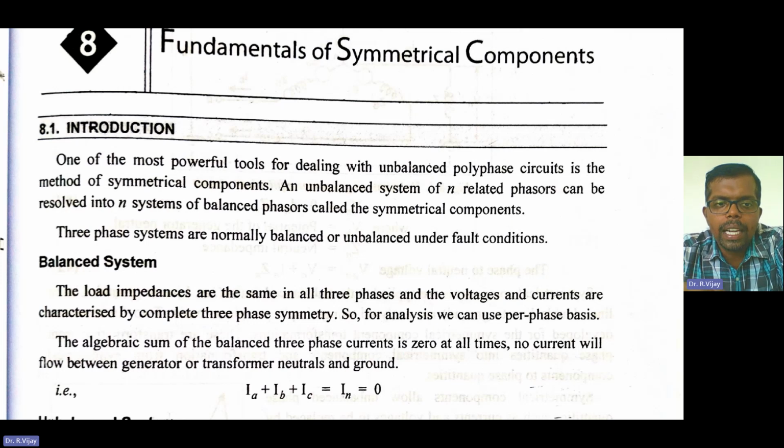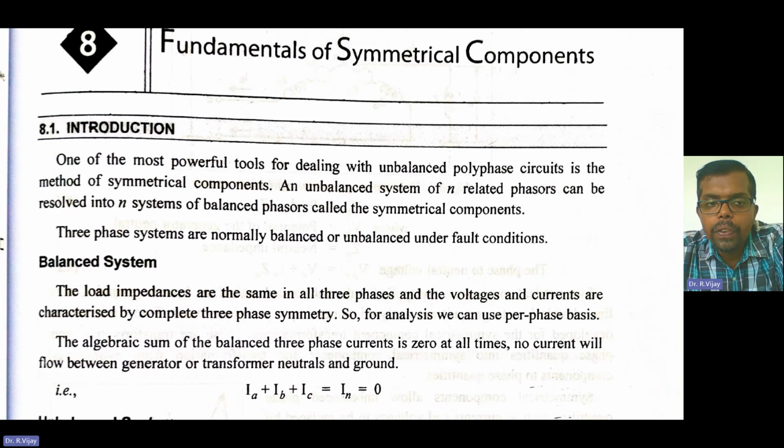Otherwise, if the angle displacement is there, then you need more time to calculate that angle displacement. In a complex system where more buses are there, the analysis of the short circuit is very complex.